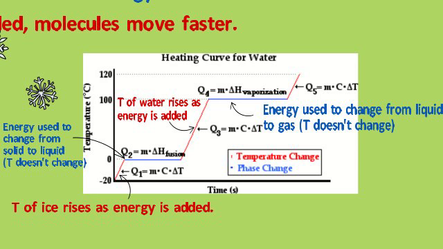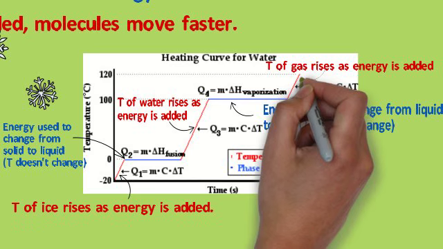Once all the water has changed to steam and there's no more water left in the container, the temperature starts to rise again. It continues to rise as energy is added, and that is the last state. So if you take a look at this, there are 2 times where temperature does not change: when it's changing state or changing phase.